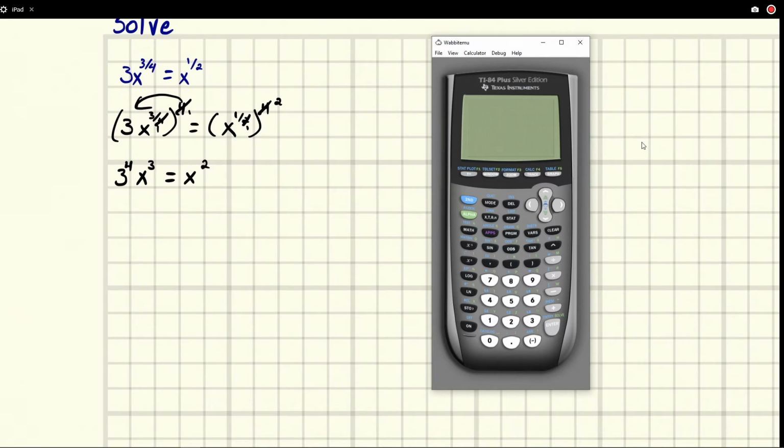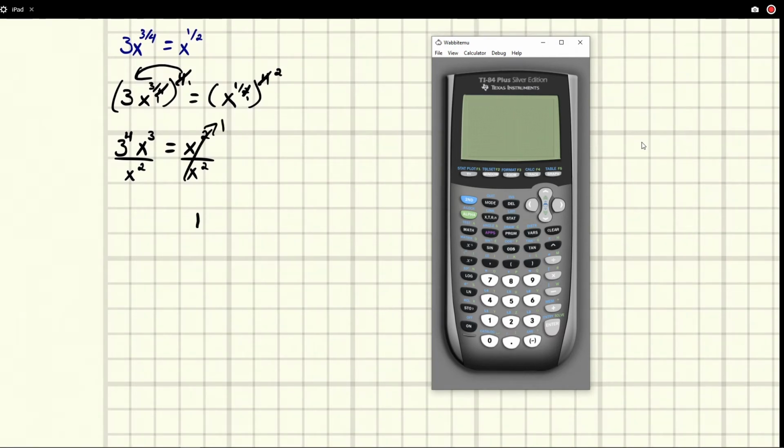If we do that, this side will just become 1, and we essentially get rid of that. It'll simplify nicely with this since these are being multiplied. So if we divide both sides by x squared, this side simplifies to 1 because x squared over x squared is just 1.